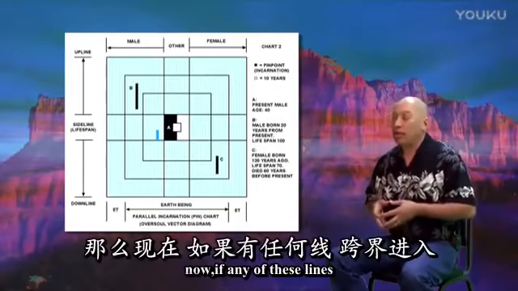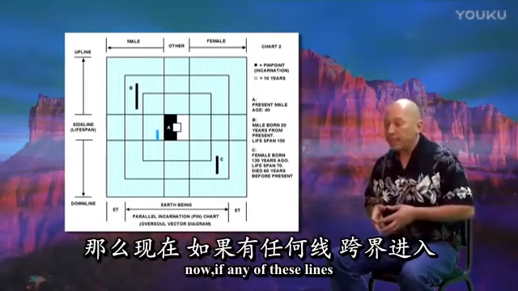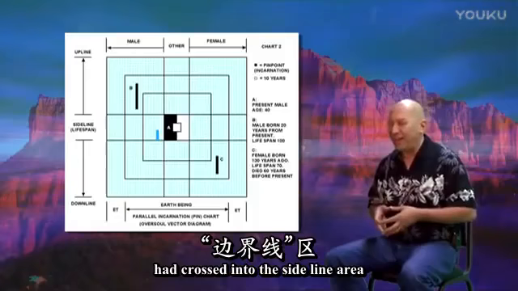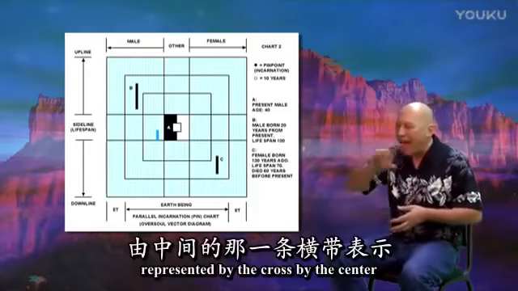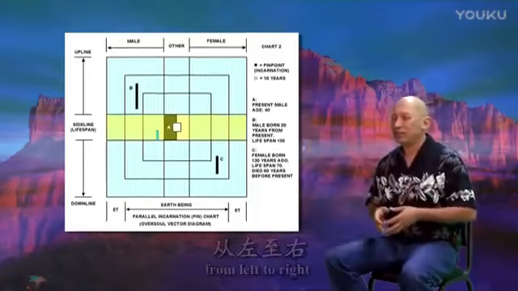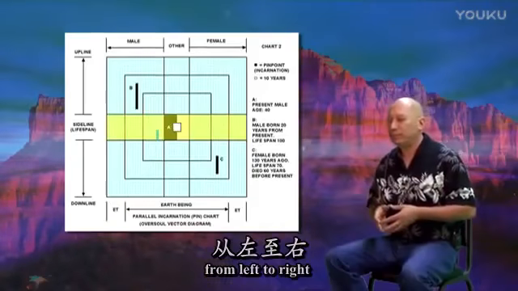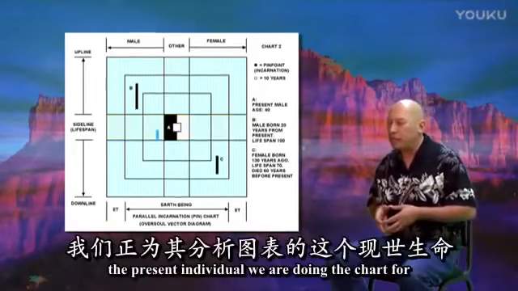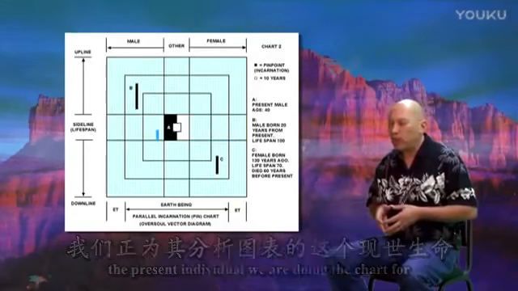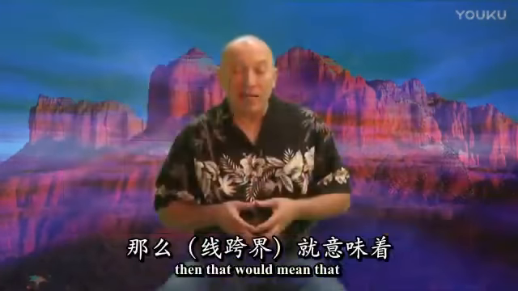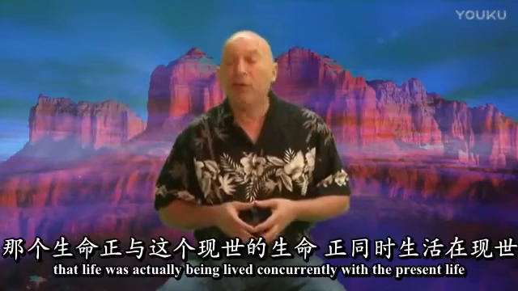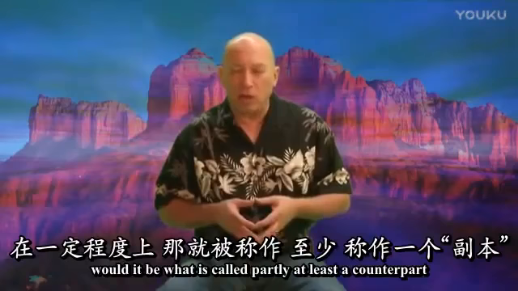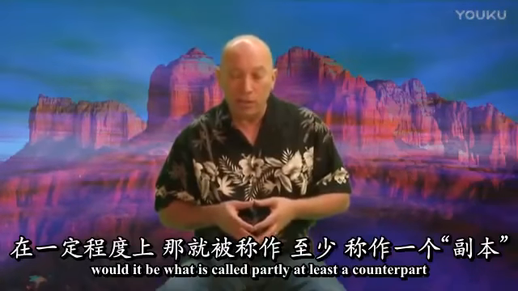Now, if any of these lines had crossed into the sideline area represented by that band across the center from left to right, which represents the current lifespan of the present individual that we are doing the chart for, then that would mean that that life was actually being lived concurrently with the present life, would be what is called, partly at least, a counterpart.